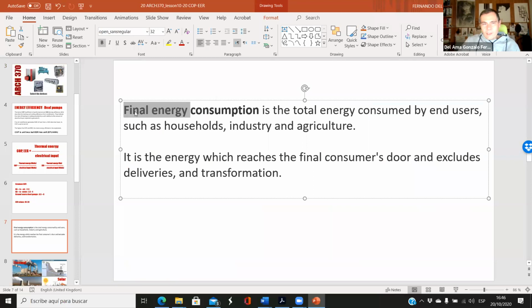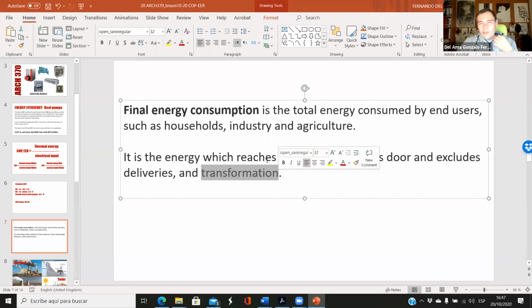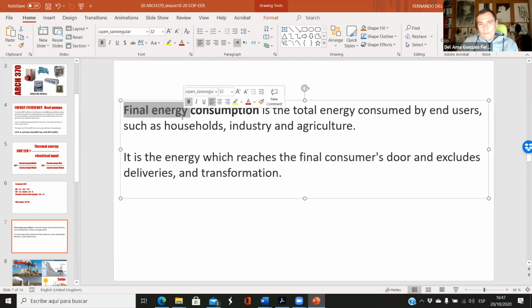The problem is that this is not the total amount of energy that we are consuming, because if we want to bring this final energy from a plant somewhere, we are losing a lot of energy through transportation and delivery, and through transformation. So there's a relationship between the final energy and the total energy.